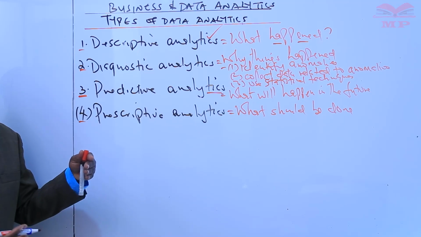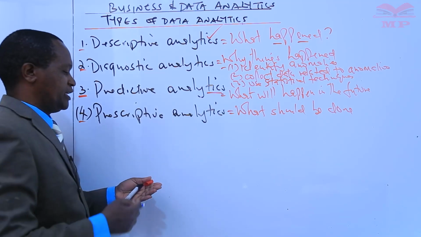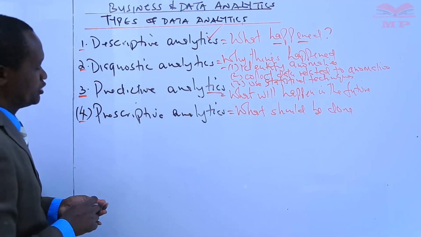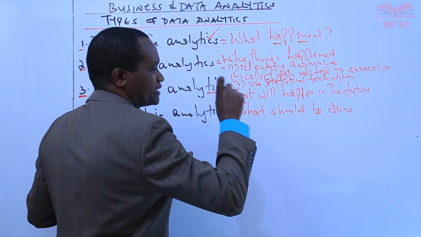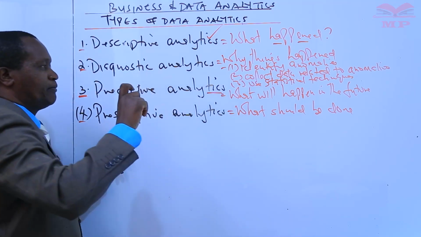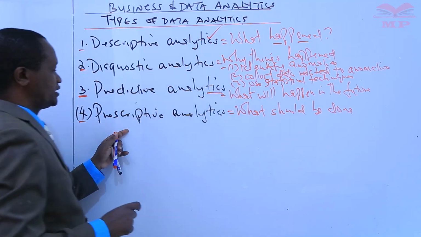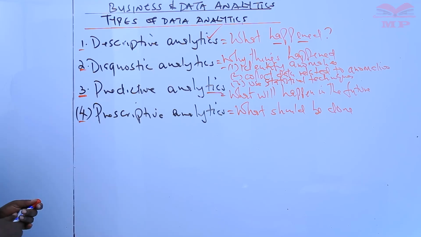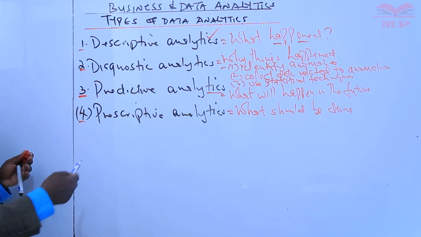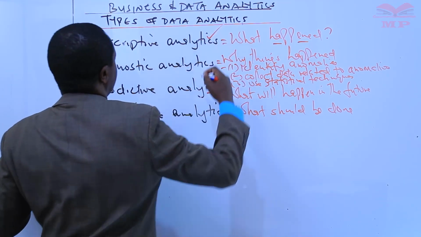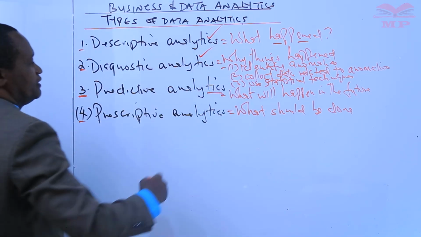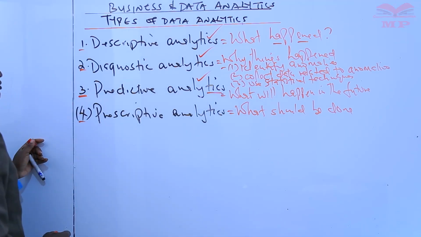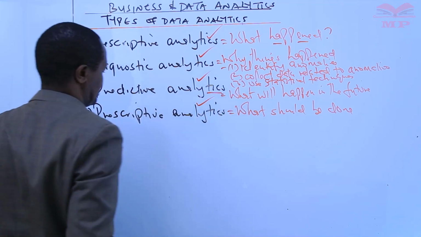We've said also that data-driven decisions can be made, because the decisions are based on past data, on past big data. So these are 4 types of data analytics: descriptive, diagnostic, predictive, prescriptive.